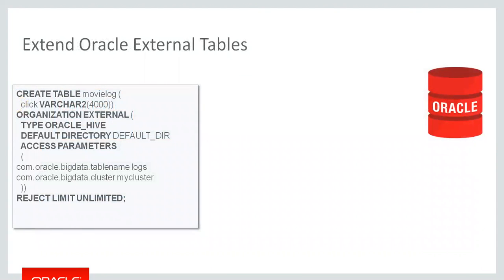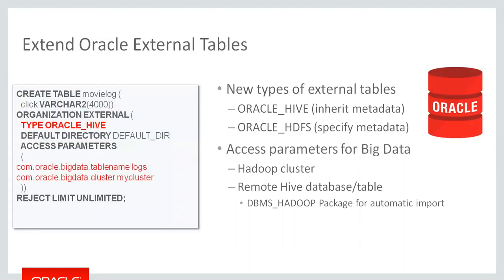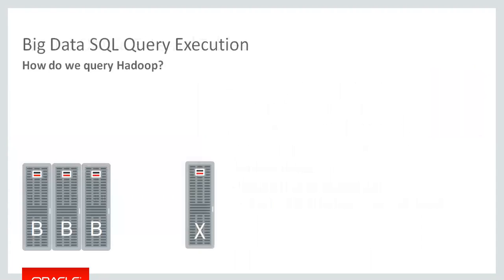On the database level, since 12.2, you have a new type of external table, which you have to define, and this external table will link you to HDFS. You explain that on HDFS you have some Hive table, which is called somehow, and then you query the Oracle external table from the Oracle database, which will push the scan to the Hadoop side.